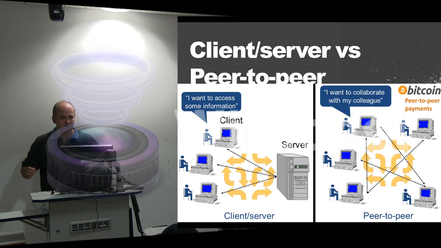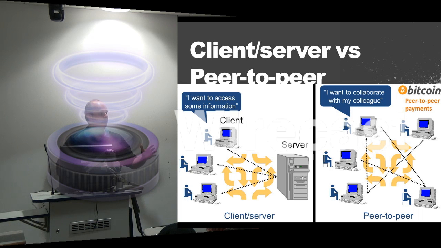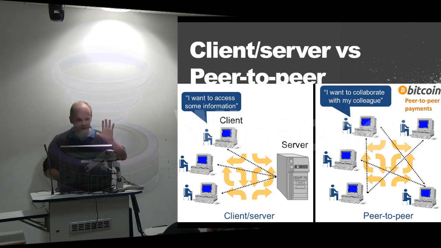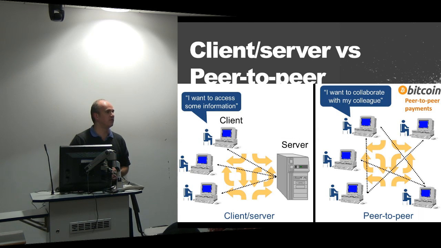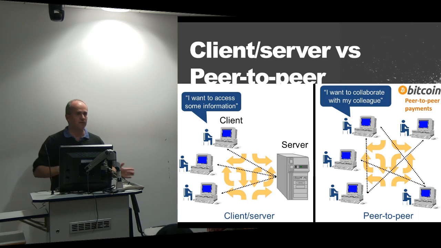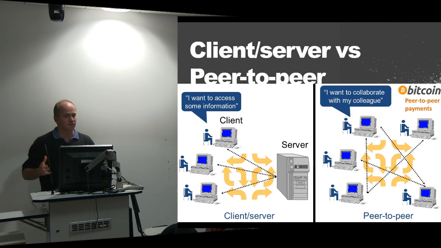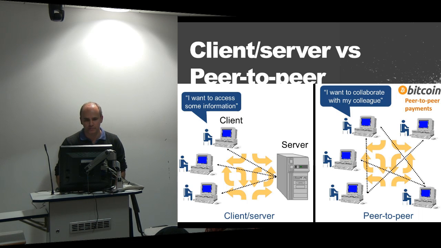Okay. So you can see it's a completely different way of dealing with the information. Okay. But the client-server one is really the main one, which is used these days. But there is a niche market for this peer-to-peer architecture as well.